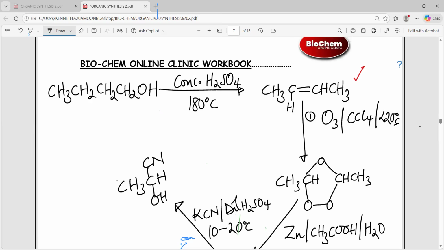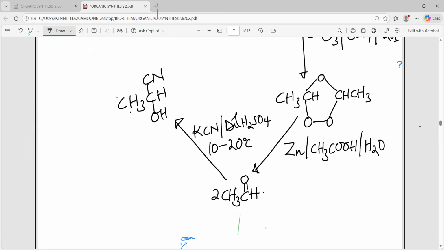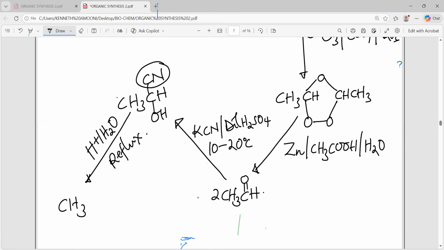Then at the end of the day, this cyanide group can be converted to a carboxylic acid by refluxing it with acidified water. You reflux, and you're going to get your final product, CH3CH(OH)COOH.